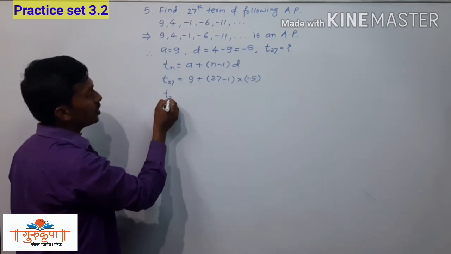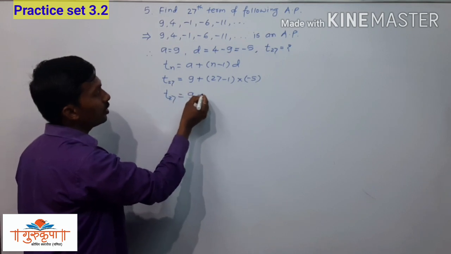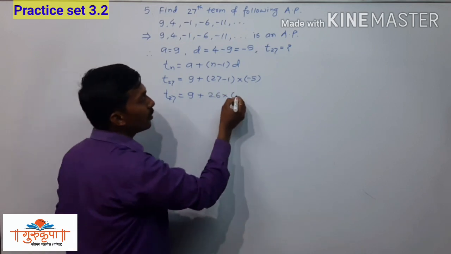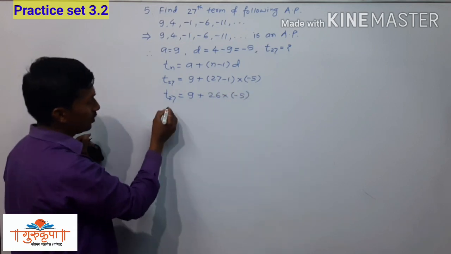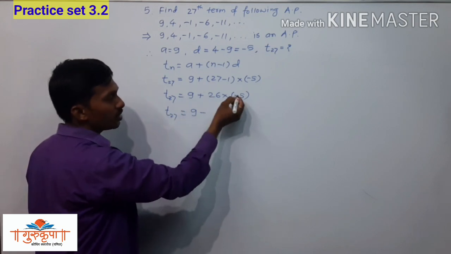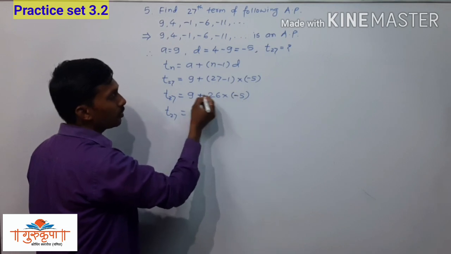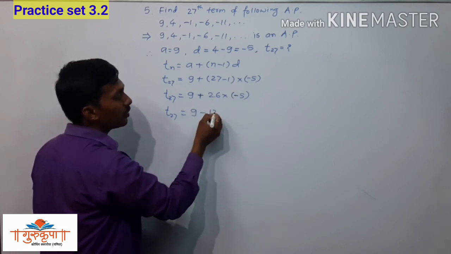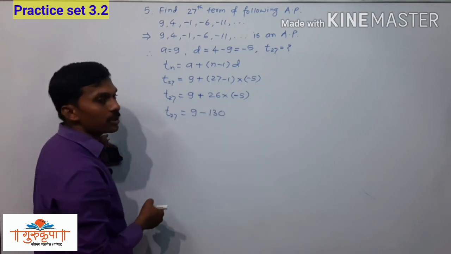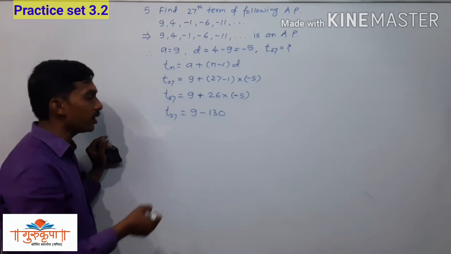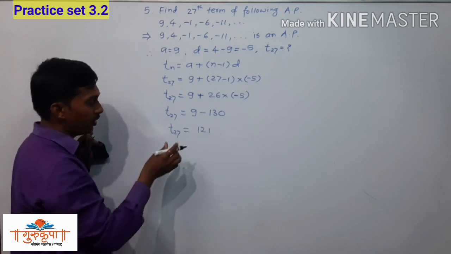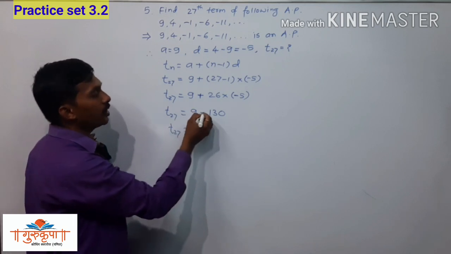Now simplify this. T27 is equal to 9 plus 26 multiplied by -5. This 9 remains as it is, and since we have to take the product first, plus into minus is minus, 26 multiplied by 5 is 130. Now positive 9, negative 130: since the signs are different we have to take the subtraction, which gives 121, and we give it the sign of the bigger number, that is minus.